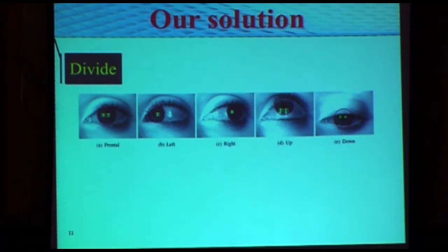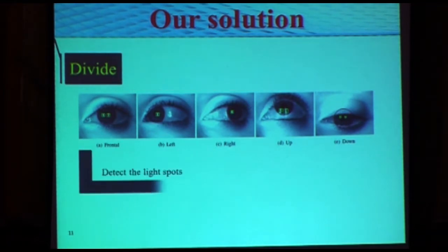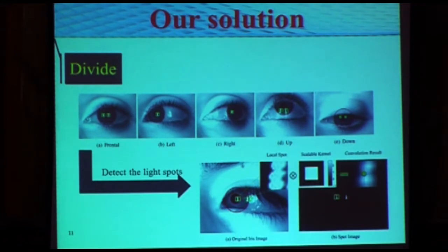Okay, the issue is how to describe the off-angle categories. In iris images, we found a phenomenon that the position of the light spot is a good indicator of the category of off-angle iris images. So we should first detect the light spot. Here, we propose a scalable operator to detect the light spot location.